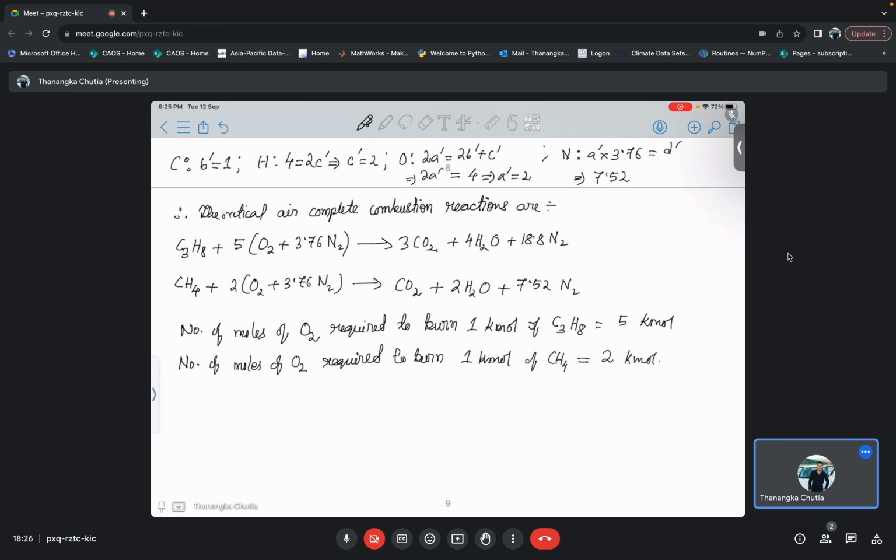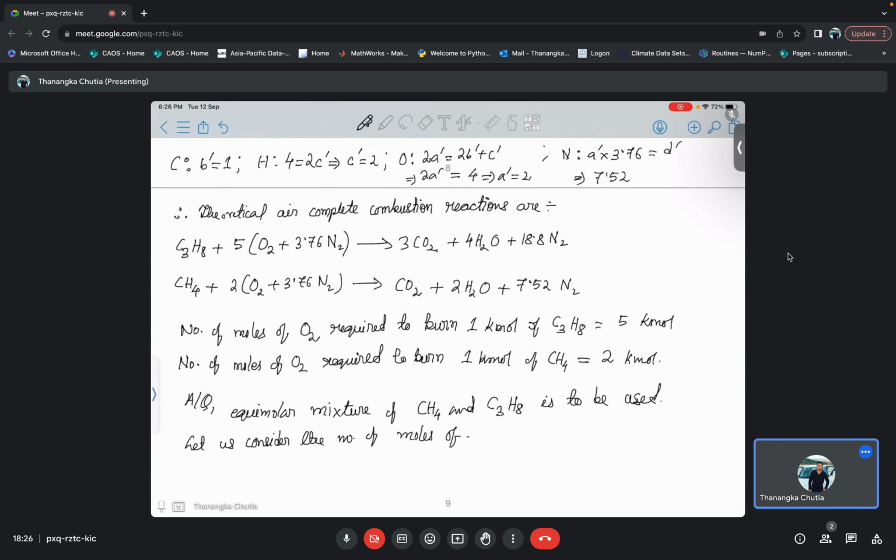it is telling us, according to the question, that an equimolar mixture of methane and propane is to be used. Okay, that means the number of moles of methane and propane should be the same. So therefore let us consider the number of moles of fuel is equal to 1 kilomole.